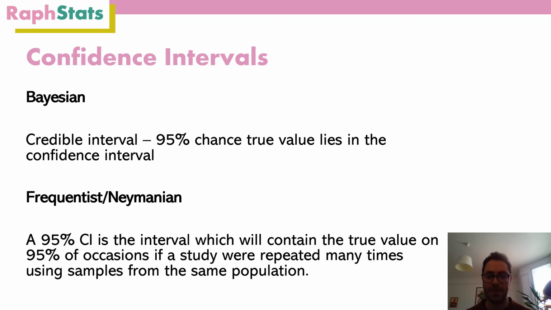So confidence intervals are something that there's a lot of debate about exactly how you should define them, depending on your philosophical approach to statistics, which I won't go into too much because I'm sure that people generally aren't too interested in that. But I guess our instincts are to interpret it in a more Bayesian way, so that there's a 95% chance that the true value lies between these confidence intervals.